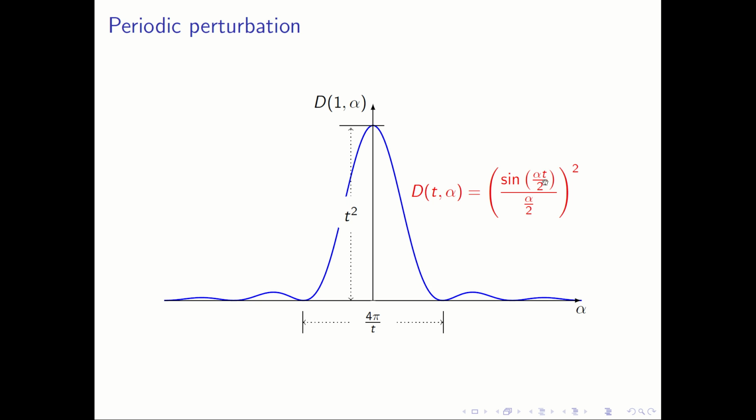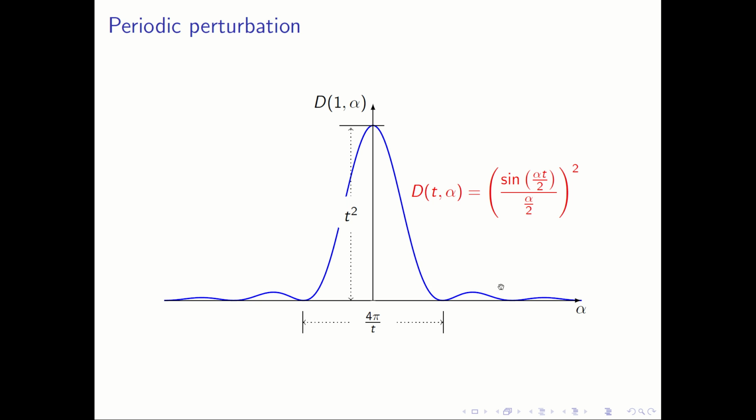as alpha goes to 0. I plotted this as a function of alpha for a fixed value of t. As alpha goes to 0, the limiting value of this function simply is t square, so that's the height. So the larger the t, the bigger the height. And as far as this function's width is concerned, you can estimate the width by talking about the distance between the two zeros on two sides.